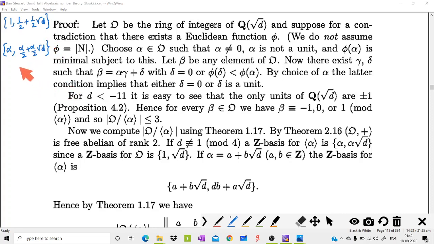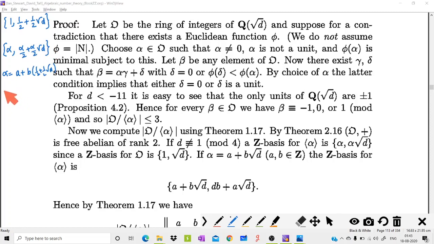If we choose an arbitrary element alpha as a plus b times 1 by 2 plus 1 by 2 root d, then what is alpha by 2 plus alpha by 2 root d?